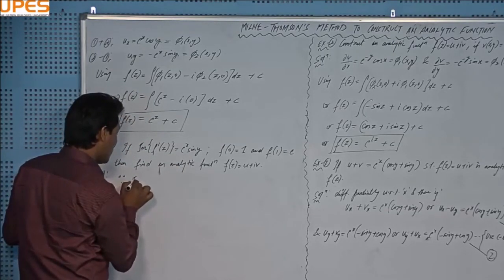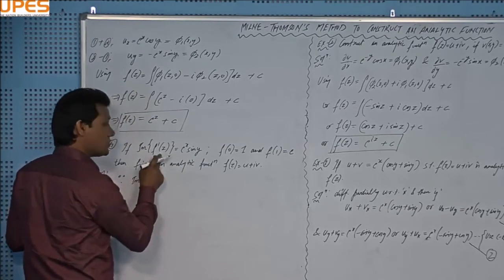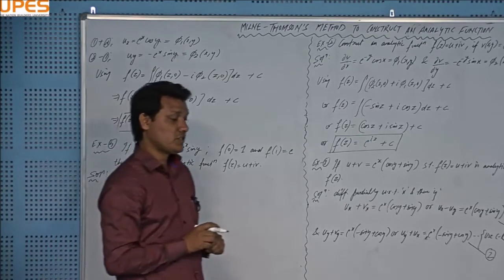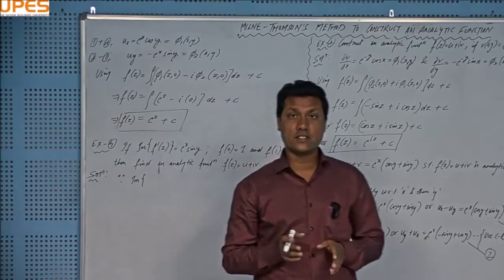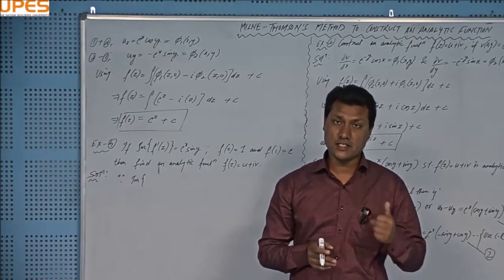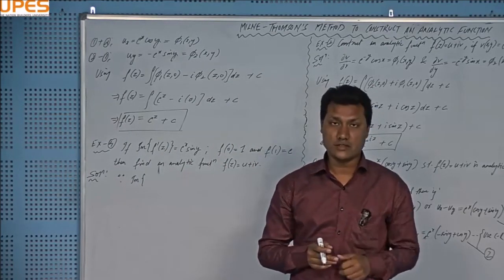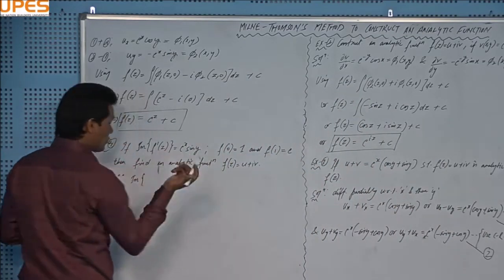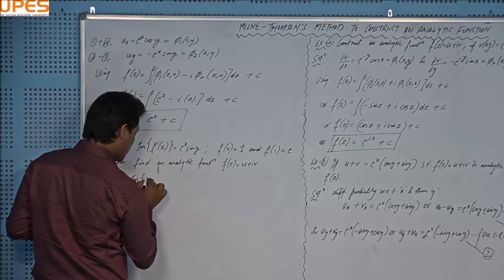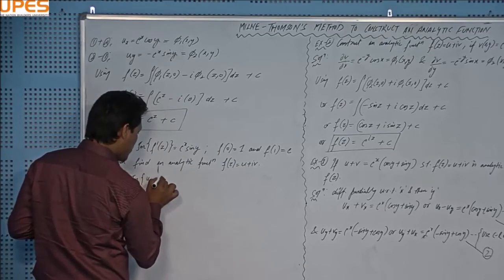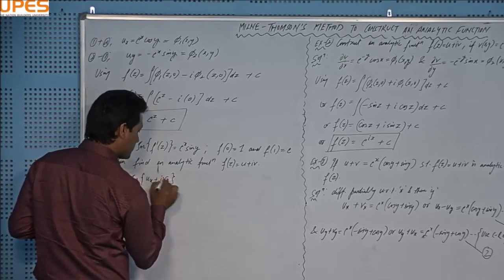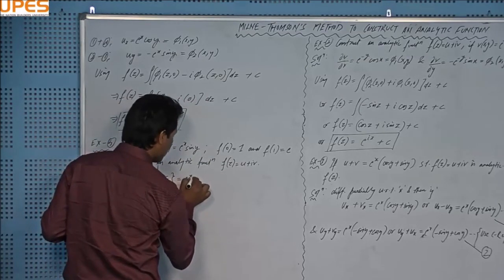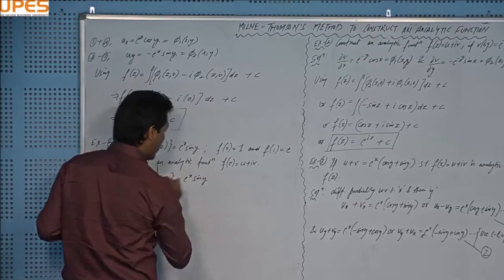Since it is the imaginary part of f dash z, you have to remember the basic formula we have been using: f dash z is equal to del u over del x plus eta times del v over del x, right? Fine. And this is equal to e to the power x sine y.